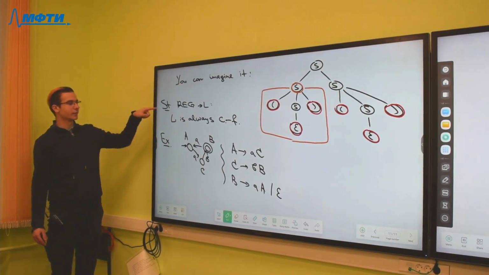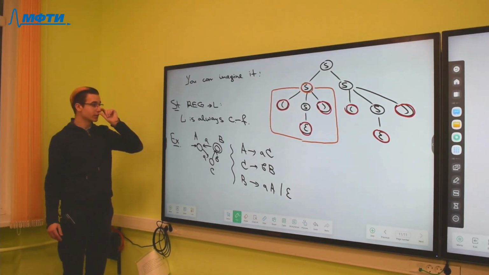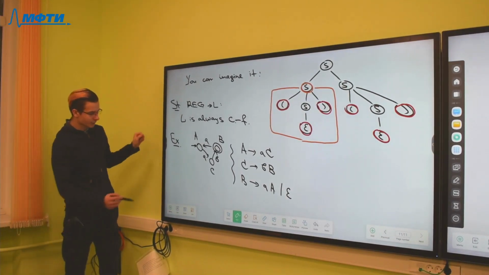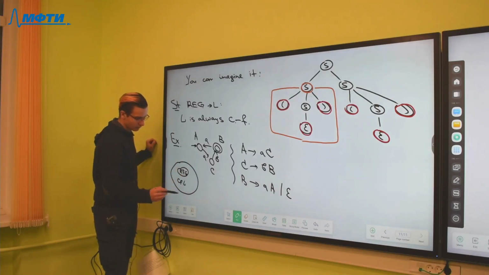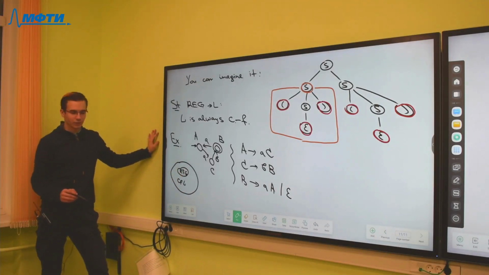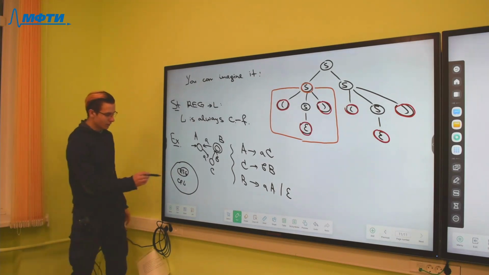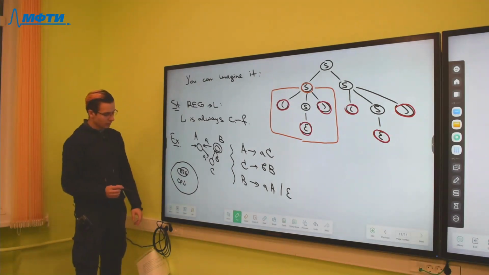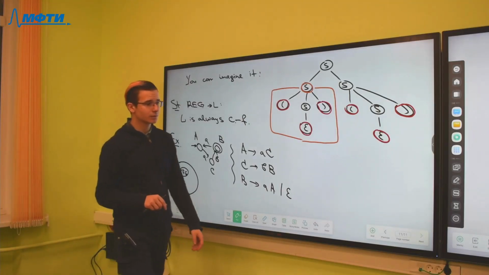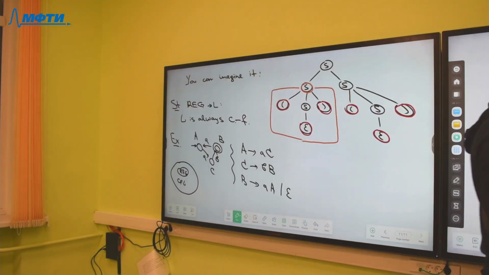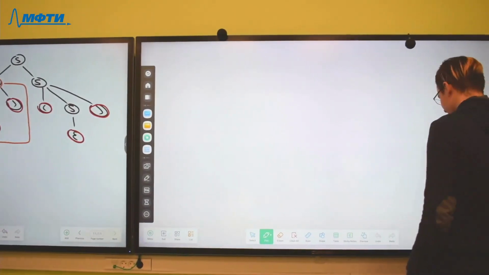So all the regular languages are always context-free languages. So I can write here this diagram, yeah, that context-free languages contain regular languages.